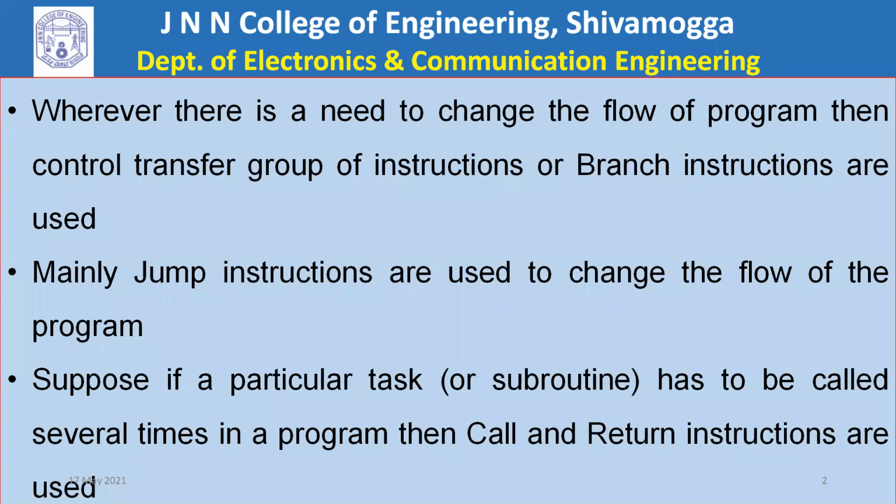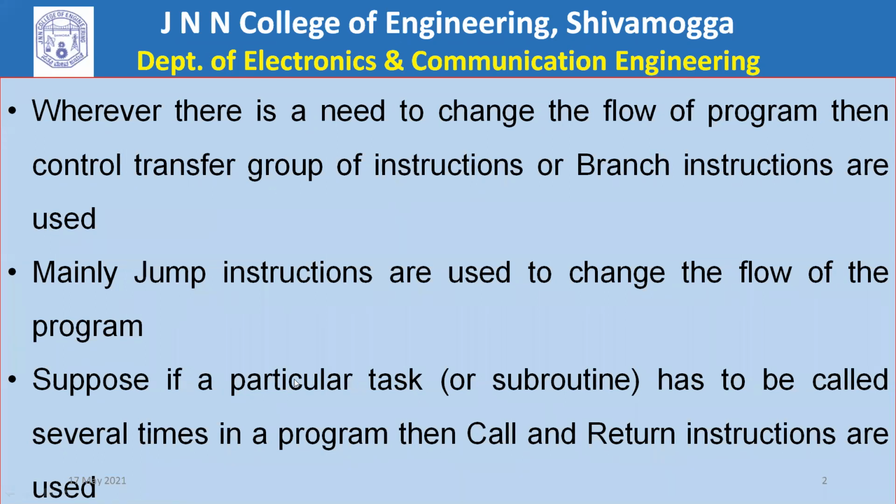You may have to change the flow of execution based on some condition or based on your need of programming logic. That time, control transfer group of instructions or branch instructions are used.